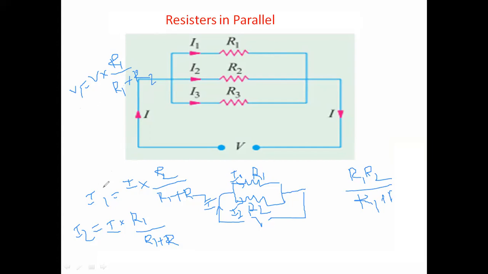But for finding the currents flowing through each resistance, we have to consider the opposite resistance. Suppose two resistors are connected in parallel and we have to find the current I1. In such a situation, the formula is total current I into the opposite resistance value R2 by R1 plus R2. Like this we have to write.